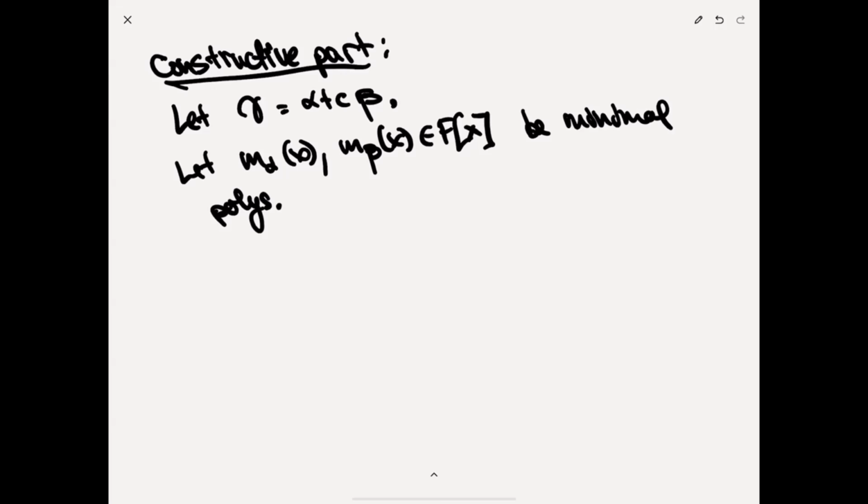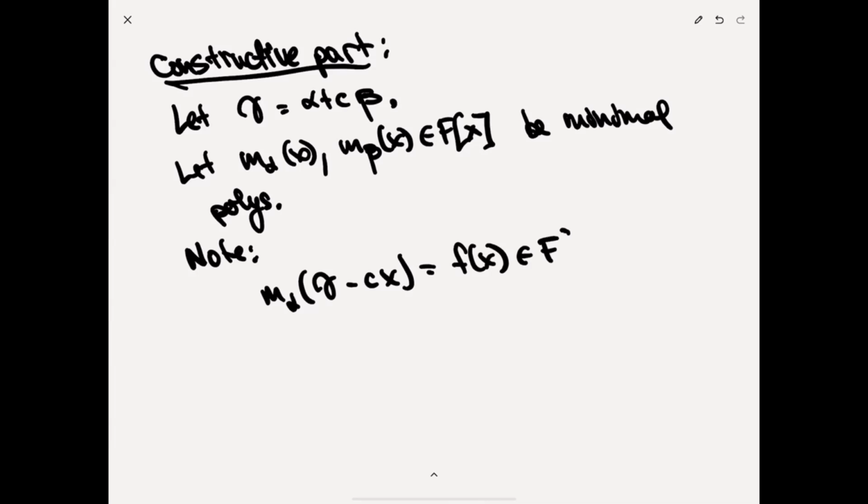So note that we have M alpha of gamma minus Cx. This is some polynomial f of x, and it has coefficients in the field where we adjoin gamma. And this thing has beta as a root.